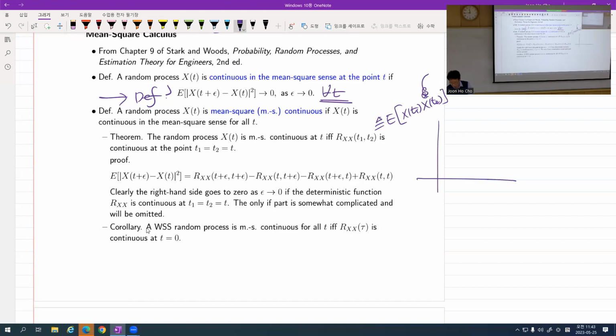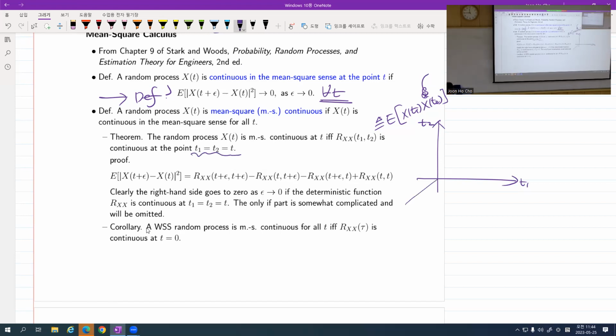And definitely, this function is a two-variable function because you can choose different t1 and t2, right? At each t1, t2 pair, you have some number. That is, the function has a two-dimensional domain. Now, what does the theorem say?